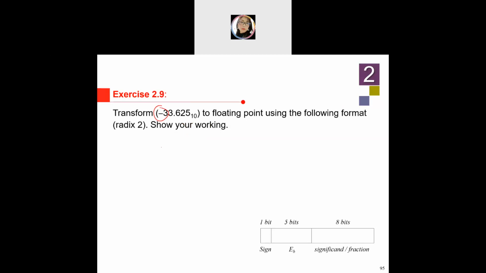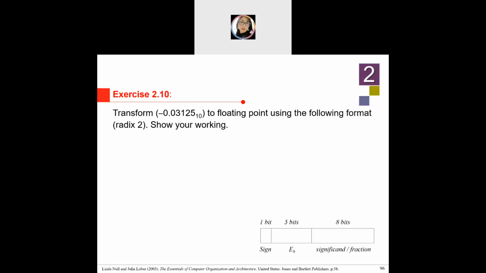Okay, this one is similar. So you just do the conversions, following step by step. First of all, there are a few steps, because you need to convert 33 to binary first and then convert this to binary. You cannot convert directly, because you need to remember that the fraction and integer sides cannot be directly converted. Okay.